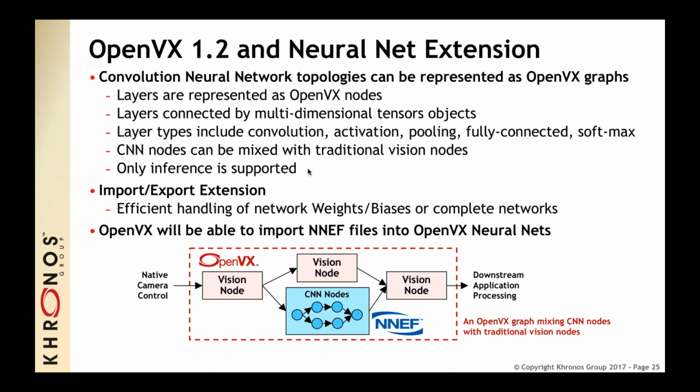So now we have a capability that you have neural network and you have traditional vision workloads, and both together can work in the same graph. So one can use vision to extract the beginning of the feature, then run the neural network, and then use the result to do something with vision.